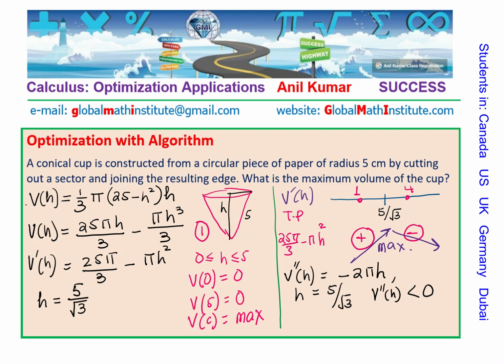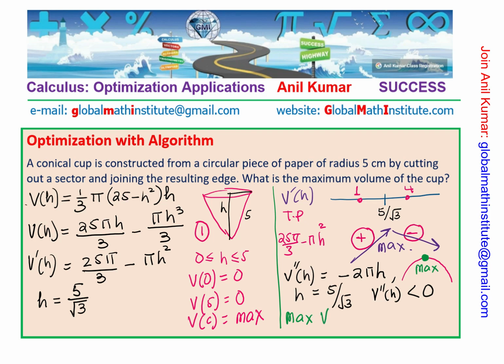That means it is concave down, and therefore we do have a maximum. Makes sense? Concave down, so we have a maximum volume at height equals 5 by square root 3. Is that part also clear?